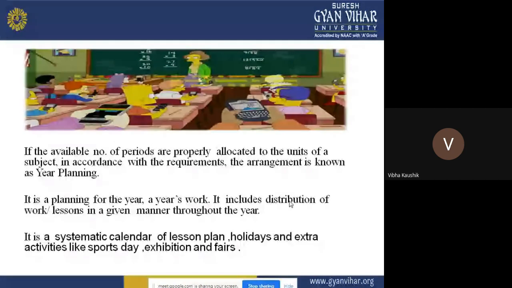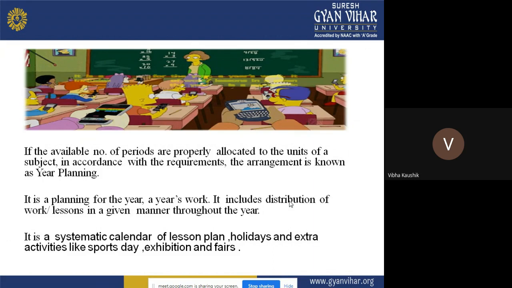If it is available, the number of periods are properly allocated to it. If the total working days are calculated, only then can the proper periods be allocated to the units for their completion.